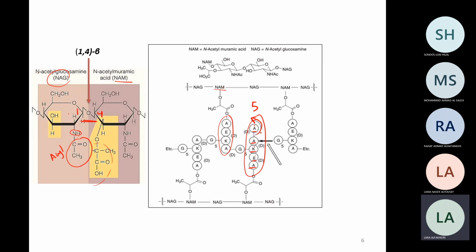The terminal alanine is the one eliminated following cross-linkage. Okay? The cross-linking بصير between the glycine bridge that is usually connected to the lysine and the penultimate alanine. The penultimate معناها the amino acid that comes before the last one.